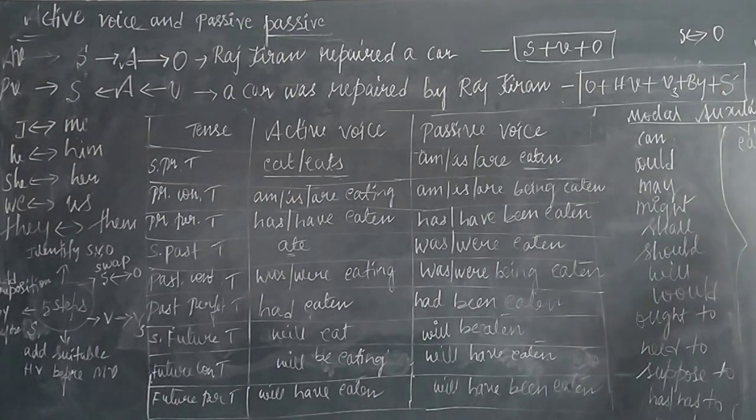Might becomes might be. Shall becomes shall be. Should becomes should be. Will becomes will be. Would becomes would be. Ought to becomes ought to be. And need to becomes need to be. Supposed to becomes supposed to be. Has to becomes has to be. Have to becomes have to be. Must becomes must be, like this.